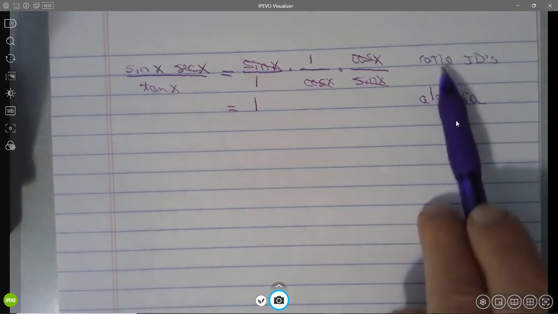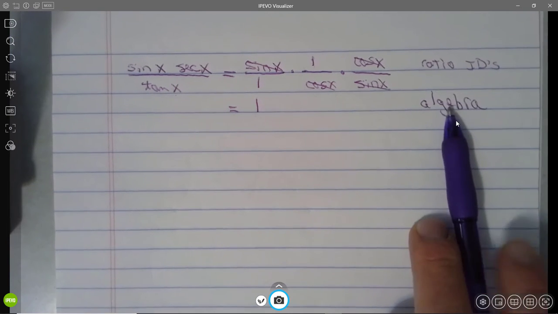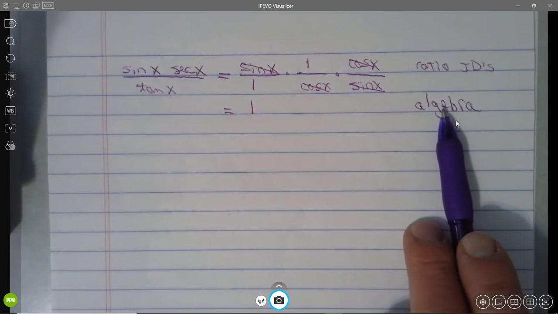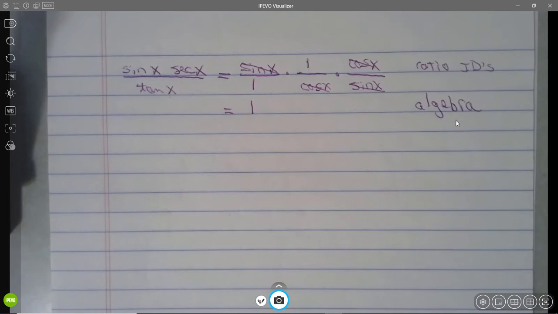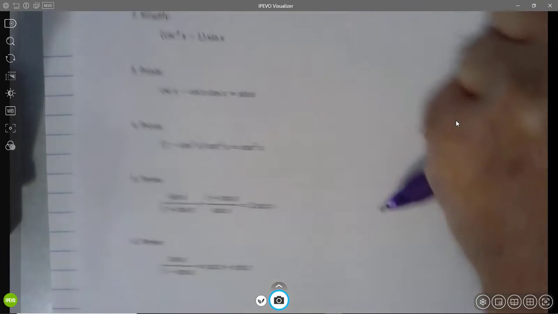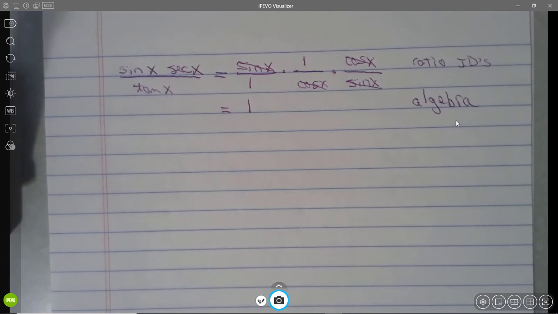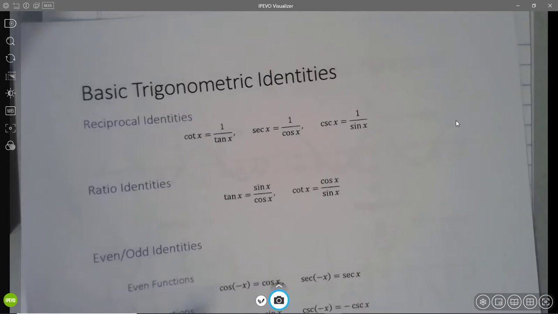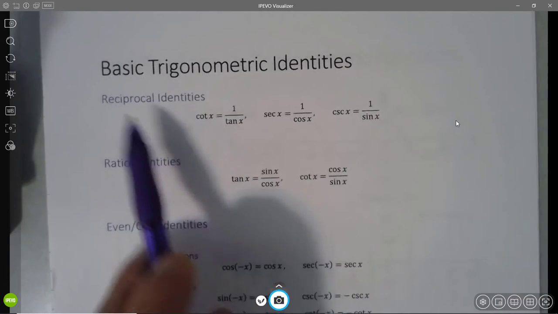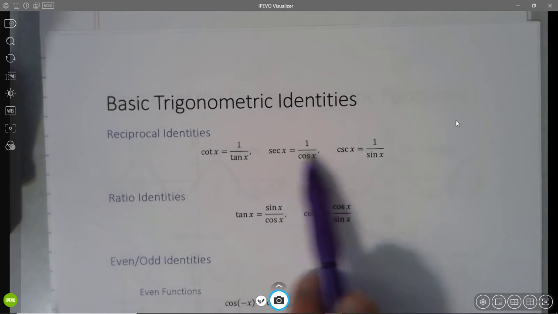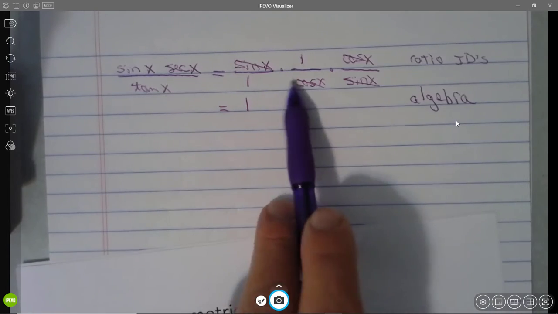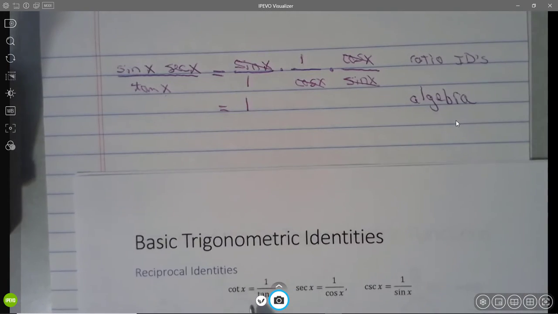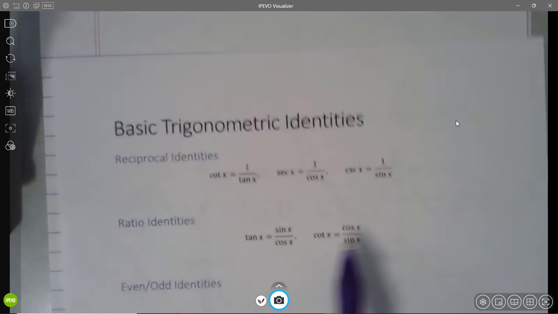And on these kind of questions where you have to specify a justification, all they're asking you to do is to say algebra, or to say from which category you're taking the identities that you're using. So in that first one, I was using the reciprocal identities to go from here to here. Or I was using the ratio identities, I should say.